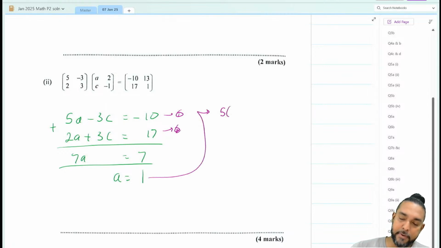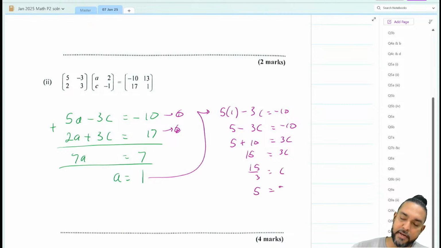So 5 by 1 minus 3 by c is equal to minus 10. 5 minus 3c is equal to minus 10. Let's add 10 to both sides and add 3c to both sides. So that's 15 is equal to 3c. So 15 divided by 3 is c. So c is equal to 5.